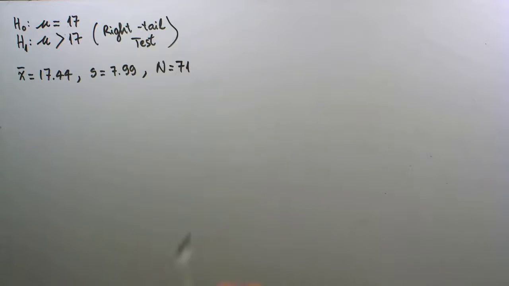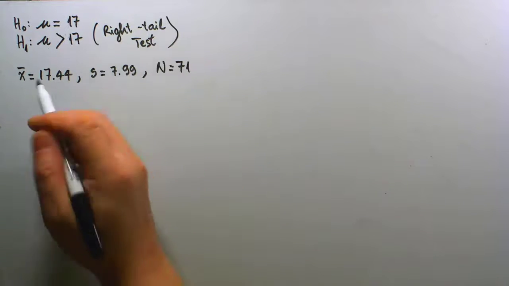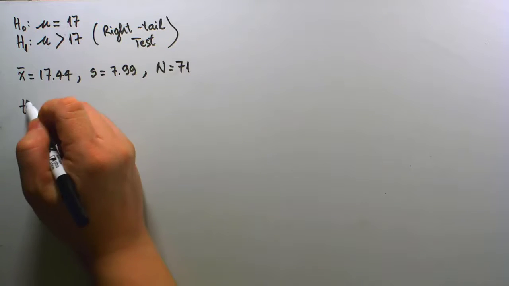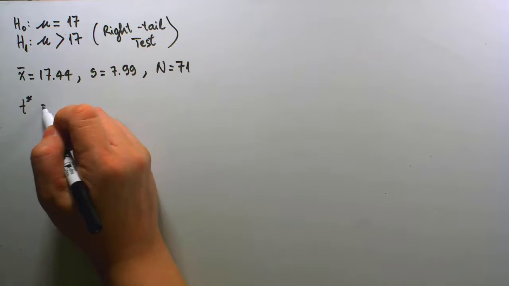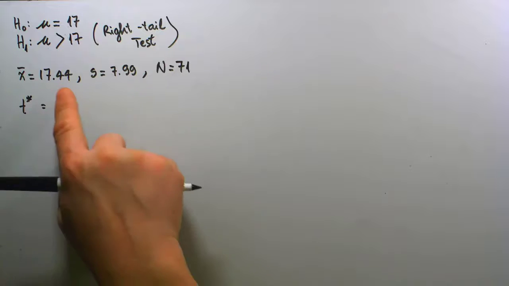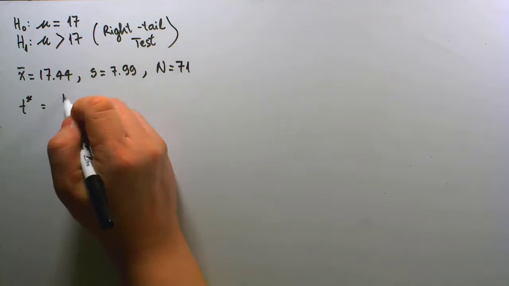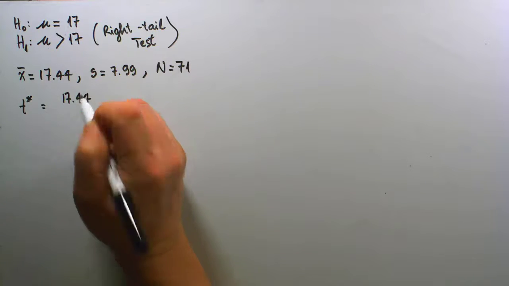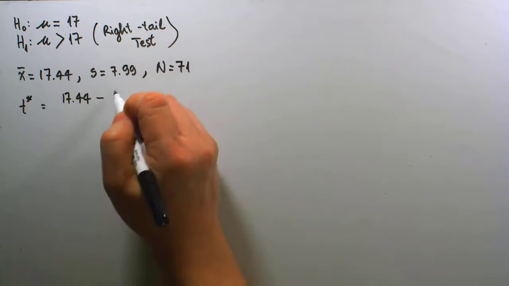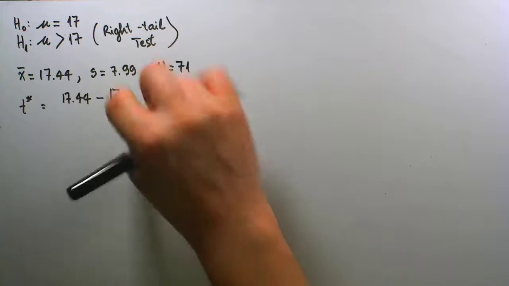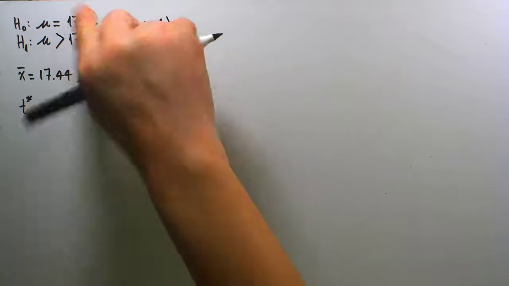And so just as usual, as my first step, I am going to calculate my t star value. From where our sample mean value is, being 17.44, I am going to subtract the value that's claimed in the null hypothesis.